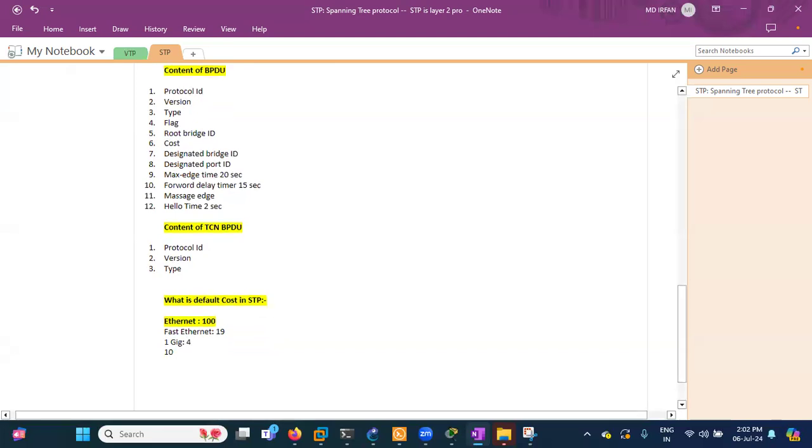Then 10 Gig cost is 2. Other vendors might show different values, but generally the default is this. Keep this in mind because I will explain it, it plays the main role. Okay, this is the cost.